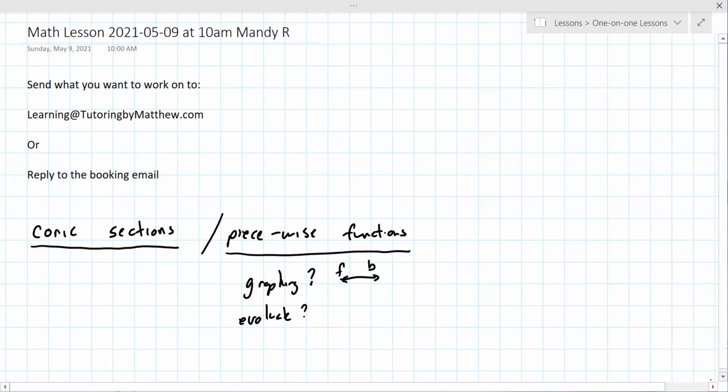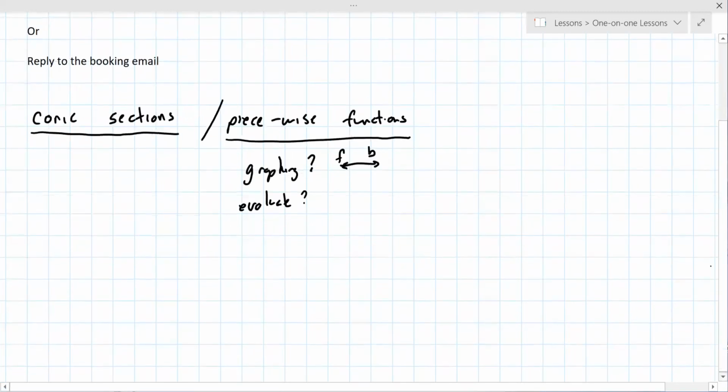Where is it? It was logarithms. I know that. Hold on, I'm looking through my math book.